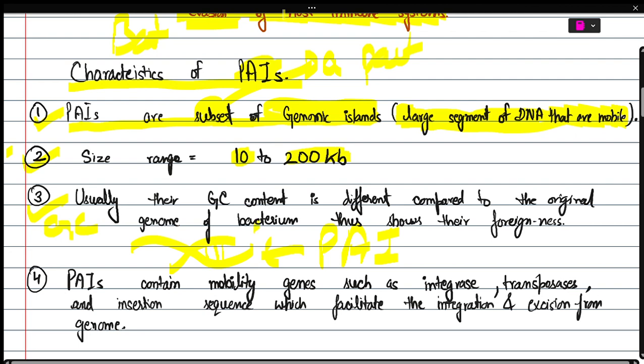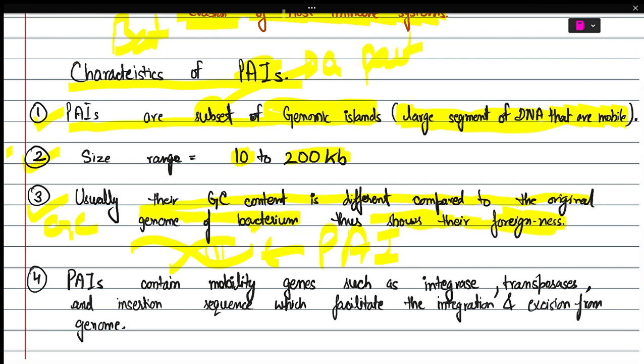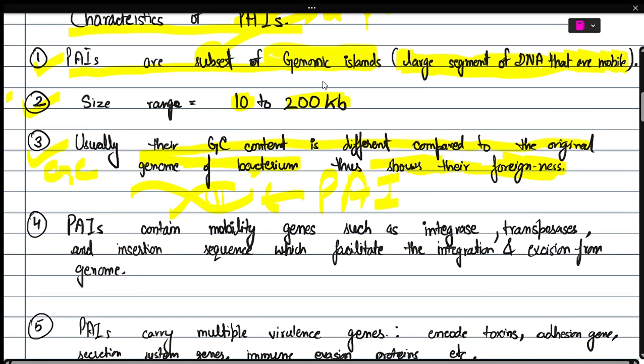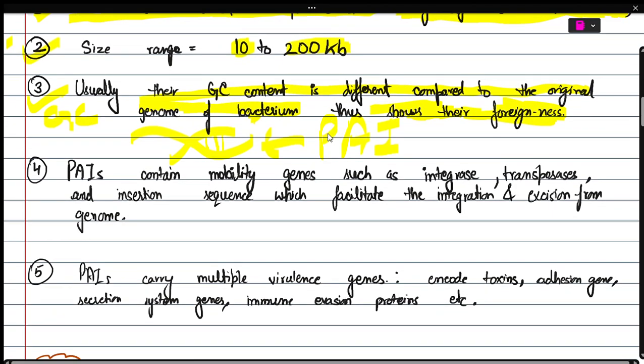So here is your third point: usually their GC content is different compared to the original genome of the bacterium. Thus, this shows foreignness. Basically this means that the PAIs are not actually part of that bacterium or microorganism.